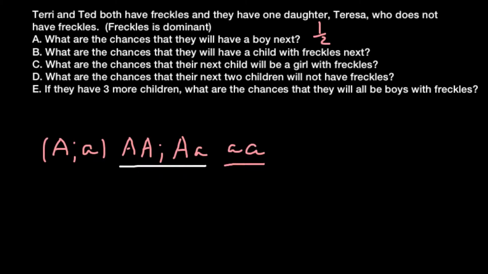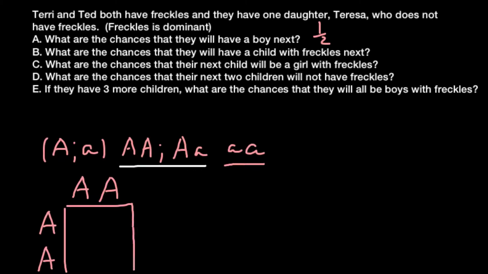Let's try, for example, such a cross: if one parent were homozygous dominant and the other also homozygous dominant, all the children would be homozygous dominant. That means all the children would have freckles. But we know that Teresa doesn't have freckles.